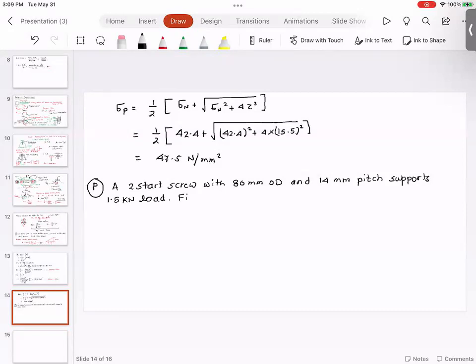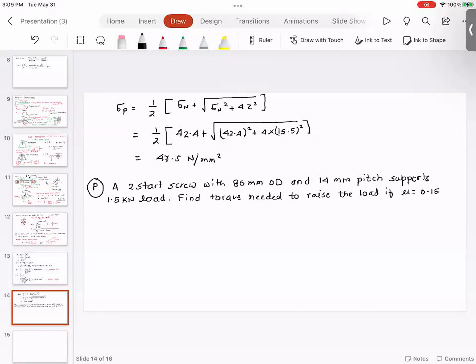Find the torque needed to raise the load if mu is equal to 0.15.